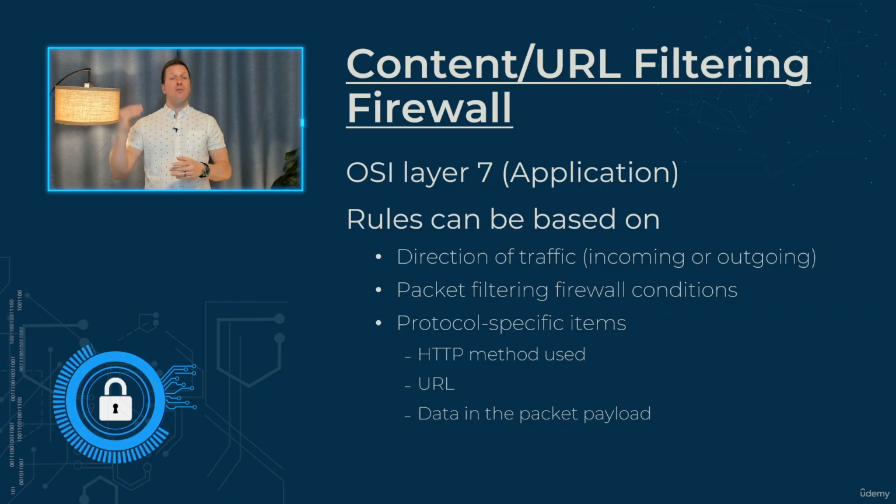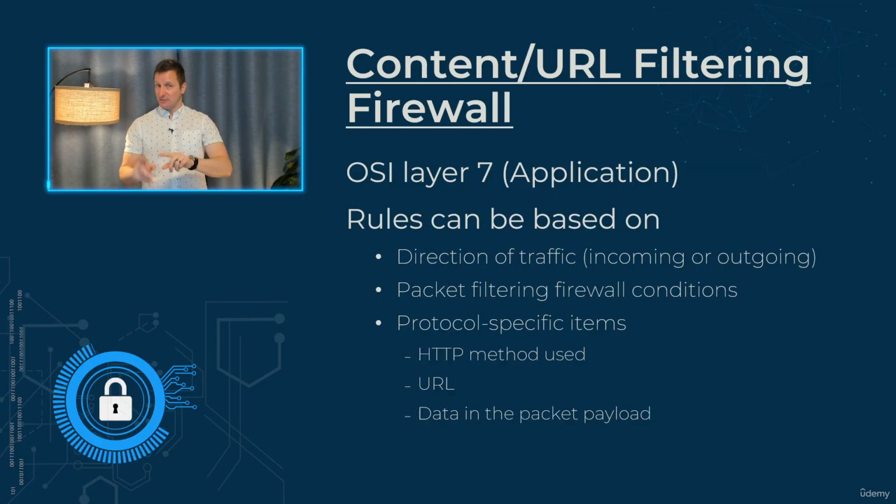We can also use content or URL filtering firewalls. These apply all the way to the top of the OSI model, layer 7, the application layer. Now the rules that we build for this type of firewall can be based on the direction of the traffic. Is it incoming or outgoing? And then the same type of thing that we see with layer 4 packet filtering firewalls: source and destination IP addresses, source and destination port numbers, protocol types like TCP, UDP, ICMP.